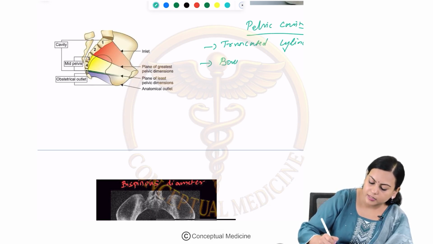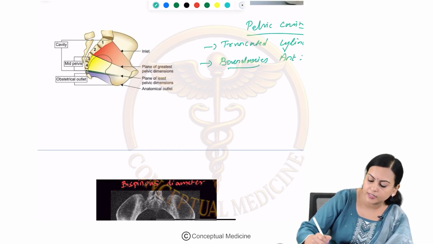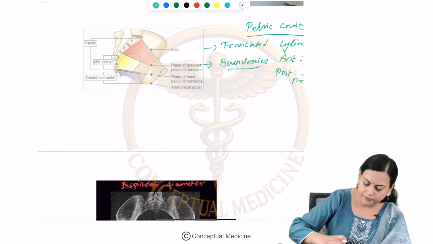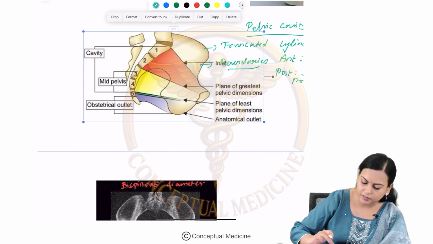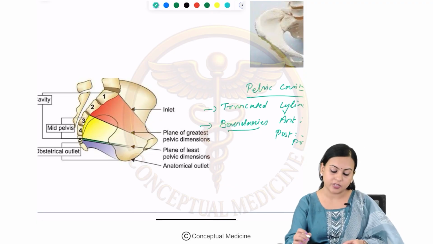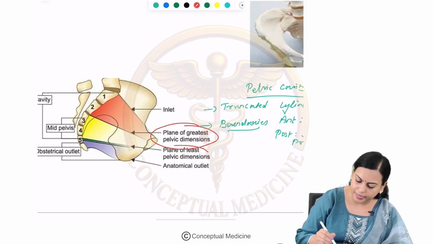The boundaries include anteriorly the pubic symphysis and posteriorly the sacral promontory. As we have already seen, we have two planes of dimensions here. One is the plane of greatest pelvic dimensions and the next one is the plane of least pelvic dimensions.